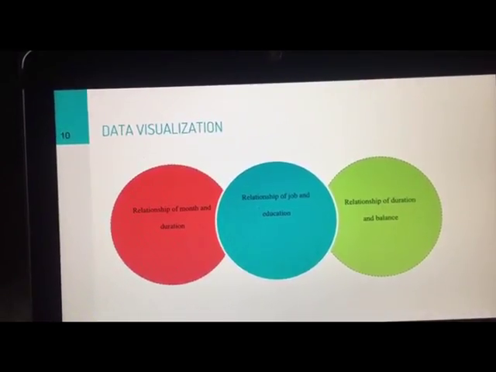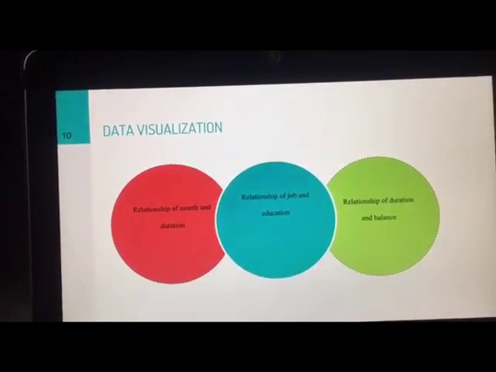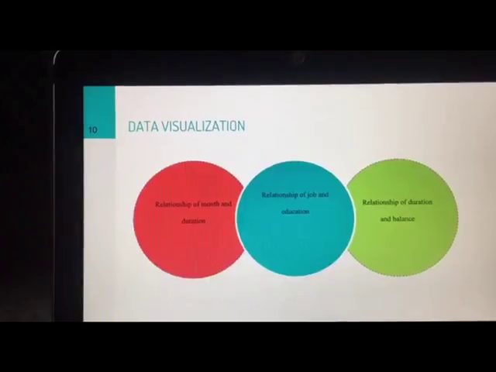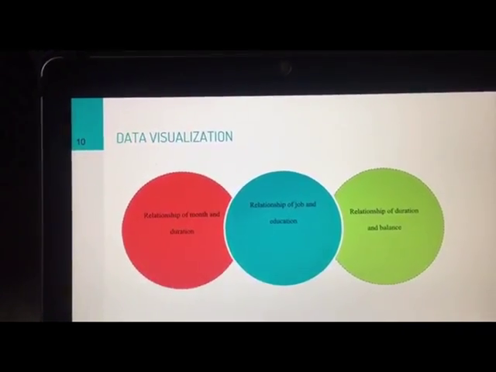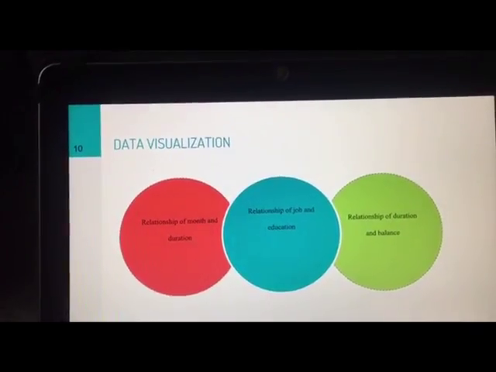For the relationship of the month and duration, the figure shows that there's noticeably more duration in this month than in other months.